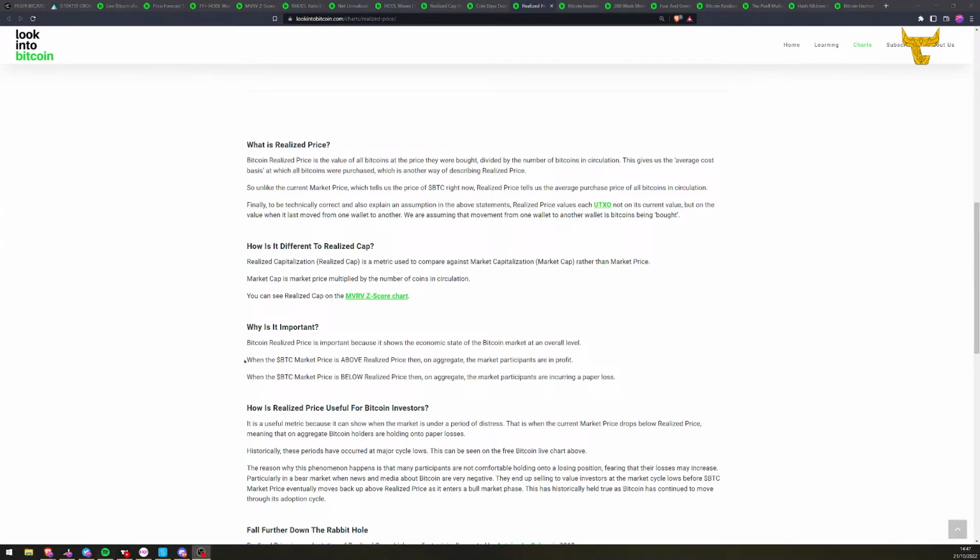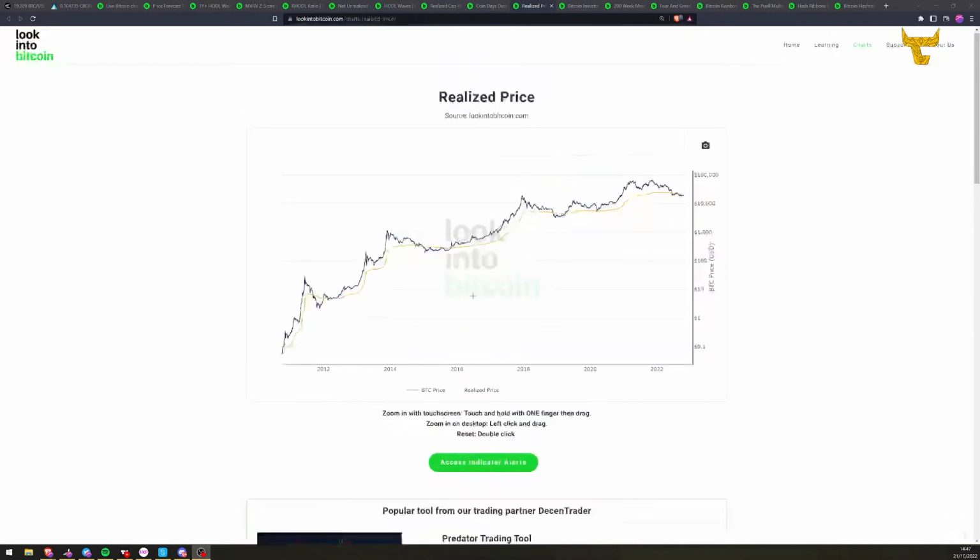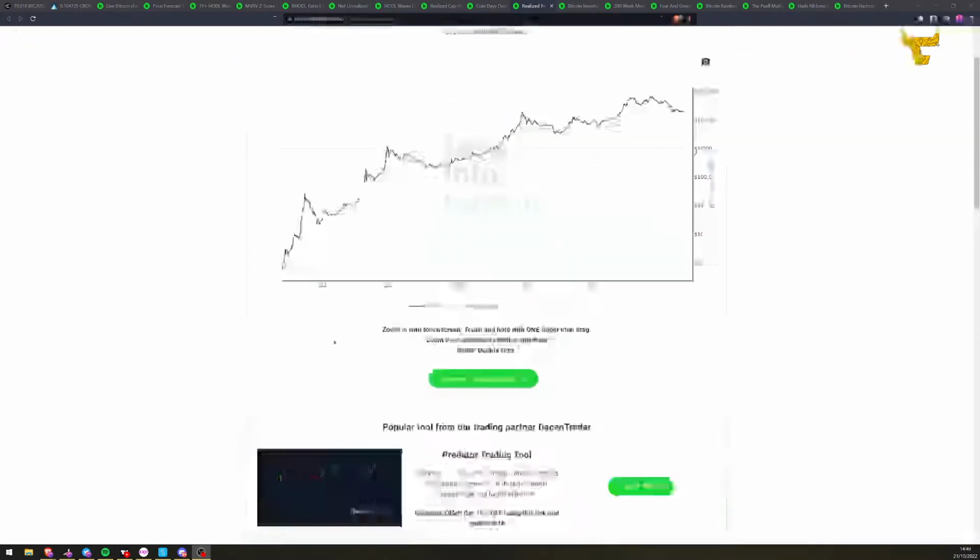Again, it shows the average price of the Bitcoin that are being moved, what price Bitcoin was in the market when this Bitcoin moved.